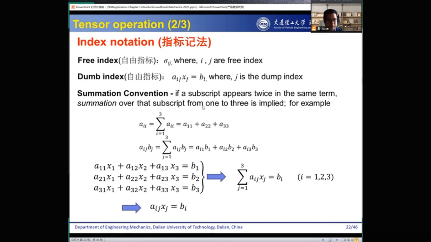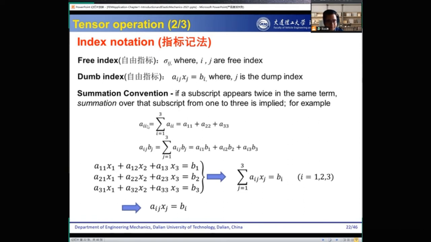So we have the definition here: if a subscript appears twice in the same term, then we should do the summation over that subscript from 1 to 3. Of course, it depends on how you define the range for the dummy index. If it's defined from 1 to 3, then you do the summation from 1 to 3. If you define its range from 1 to 5, then you should do the summation from 1 to 5.